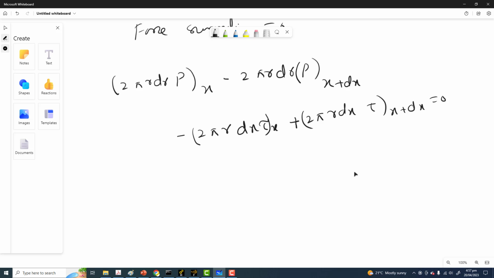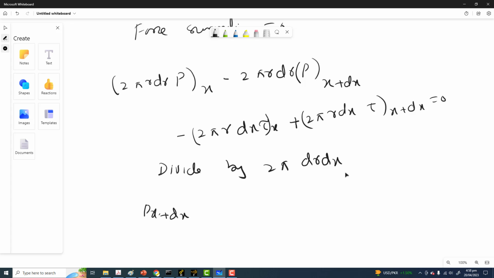So now I can divide this whole thing by 2 pi dr and dx, and also rearrange this whole thing, so we get P at x and P at x plus dx.